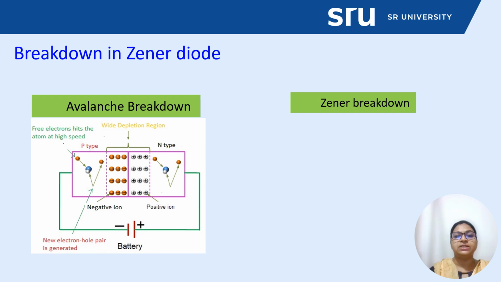Basically, this avalanche type of breakdown exists not only in the Zener diode but also in a general diode, due to higher voltage in reverse bias conditions. When the diode is in reverse bias, the minority charge carriers get larger energy from the source and move fast. Free electrons hit the atoms at high speed and a new electron-hole pair is generated.